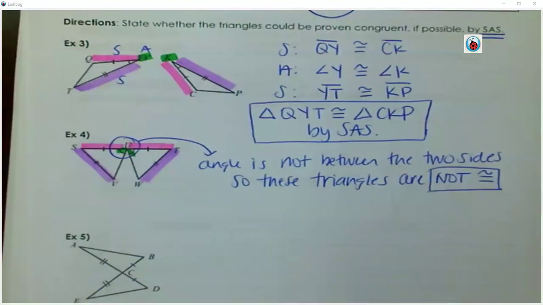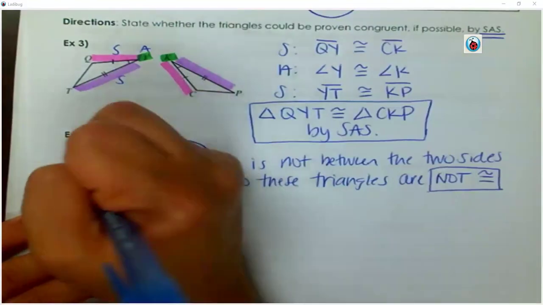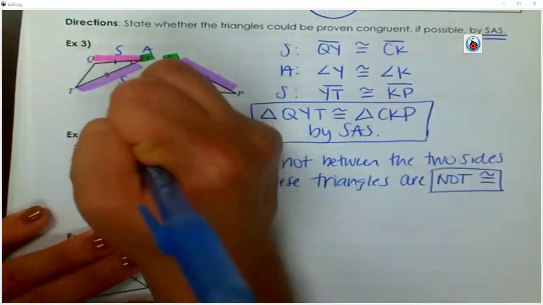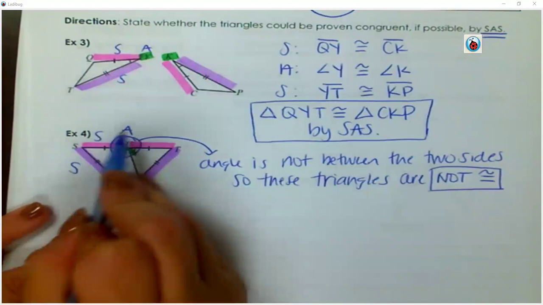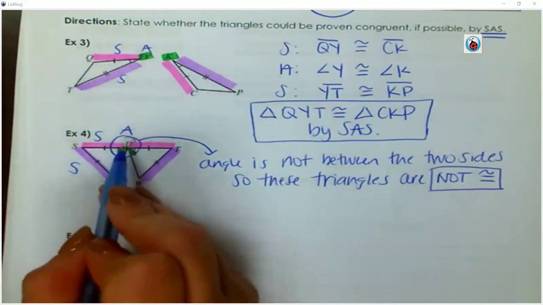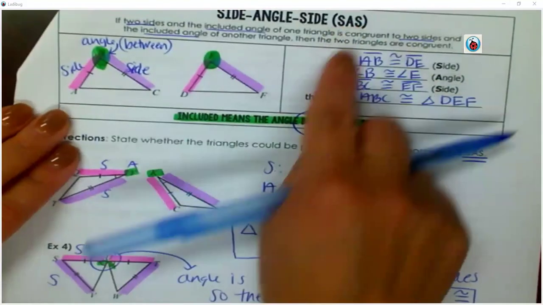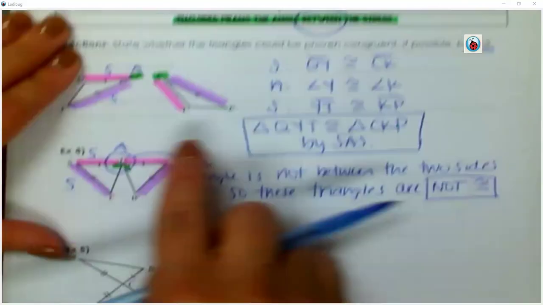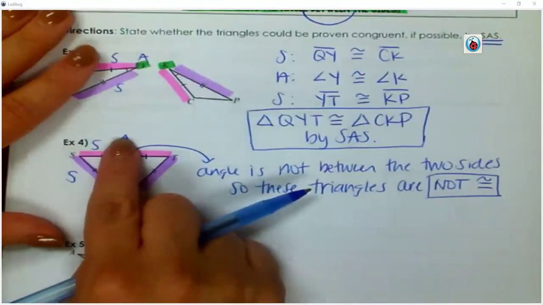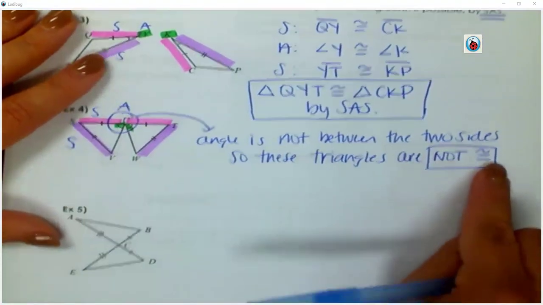And that would be our answer because it has to be side angle side. And in this case, we have S, S, and then A, which SSA is not allowed. Okay, it is not a correct form for congruency of a triangle. And it has to be side angle side, meaning it has to be between. And in this case, side angle is not a proper form. So therefore, these triangles are not congruent.